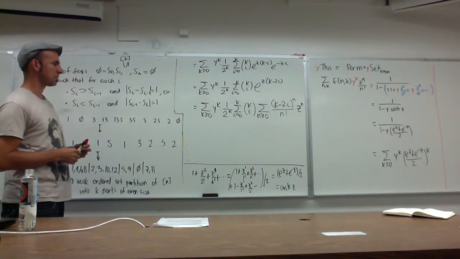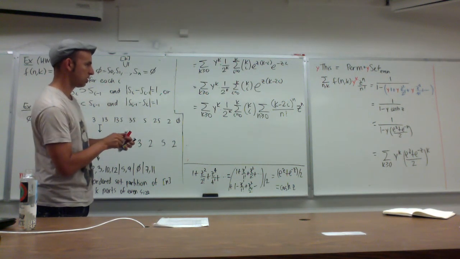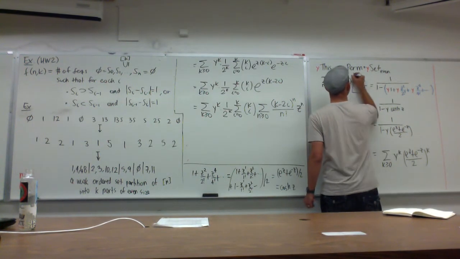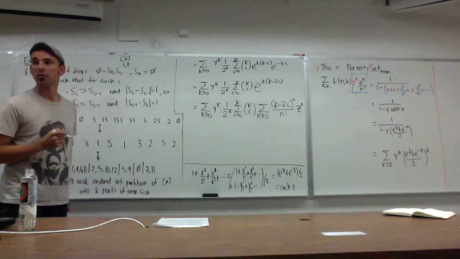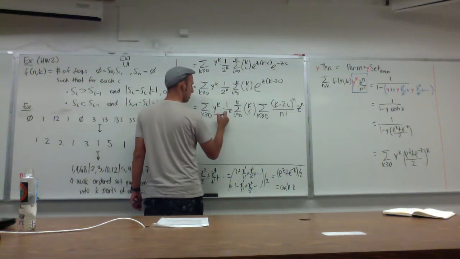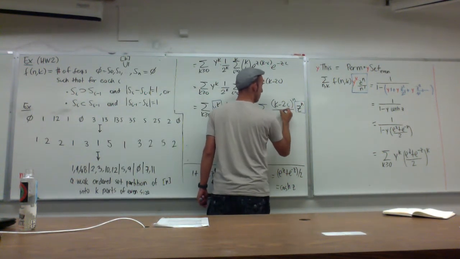Okay, this is a little bit messy, but you see, we were looking for the coefficient of this thing. That's our number, f of n k. And we have y to the k, z to the n over n factorial.